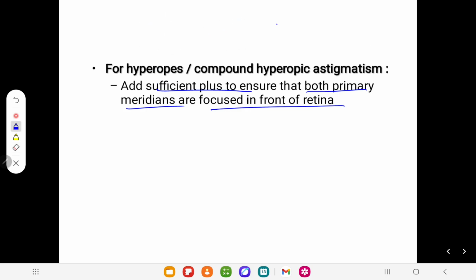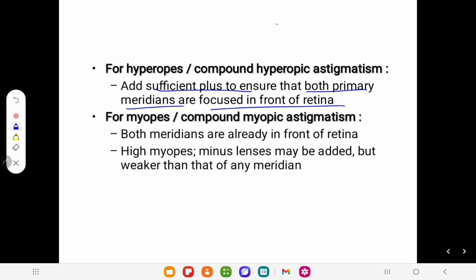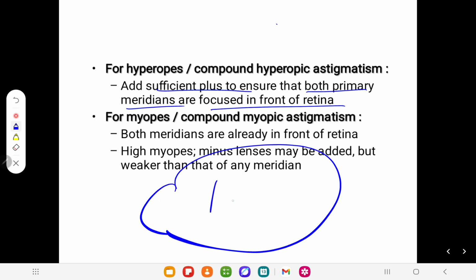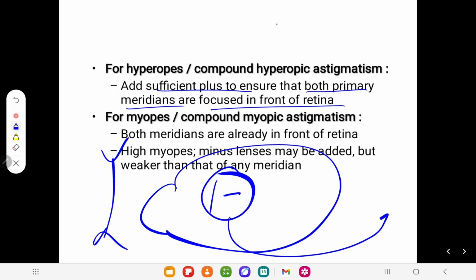For myopia or compound myopic astigmatism, both meridians are already in front of the retina. High minus may be added, but weaker than any meridian. Let me explain. If it is high myopic, let's take the example of compound myopic, then you have to add minus to fog, but don't put so much minus that this becomes this and it becomes hyperopic.